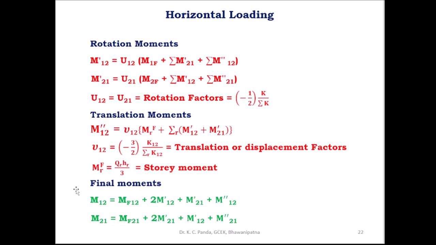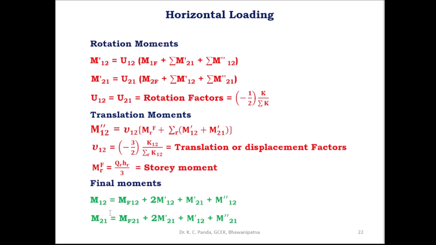The final moment that you can determine by using this expression, M12 is equal to MF12 plus twice M dash 12 plus M dash 21 plus M double dash 12. Similarly, M21 is equal to MF21 plus twice M dash 21 plus M dash 12 plus M double dash 21. So this is the formula.